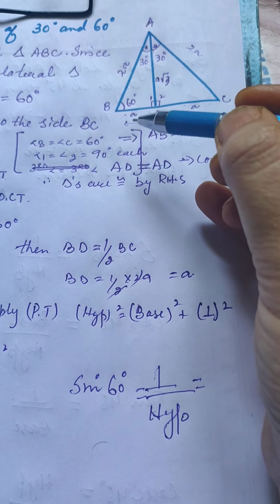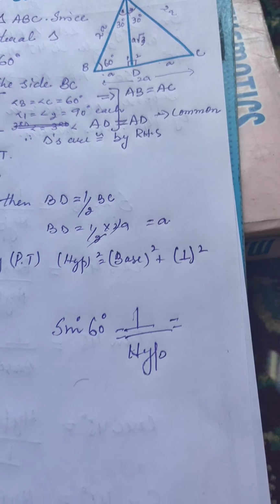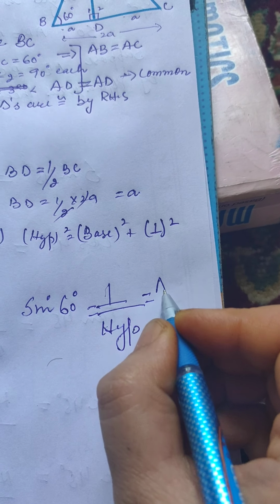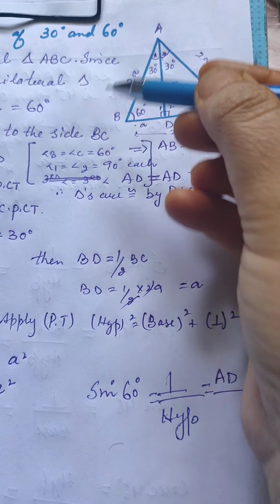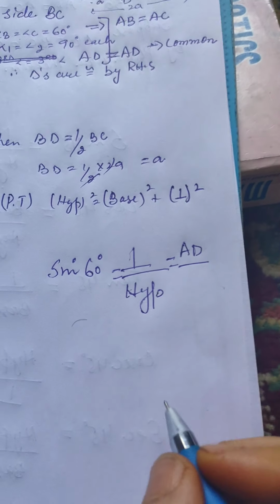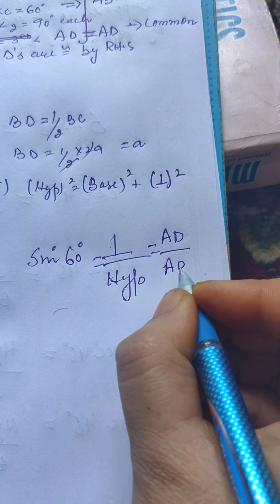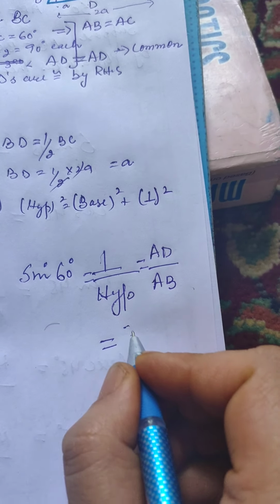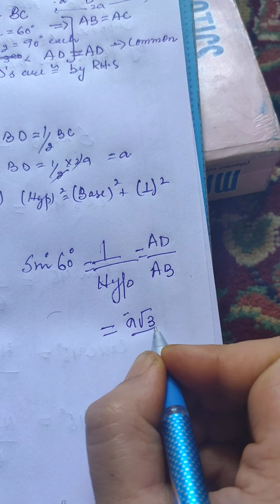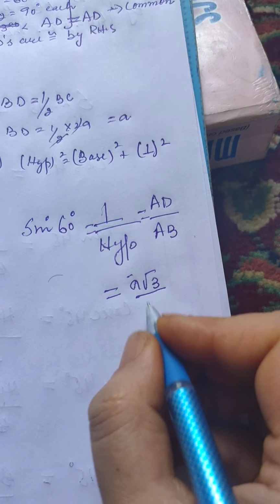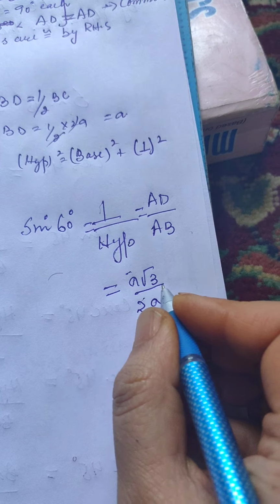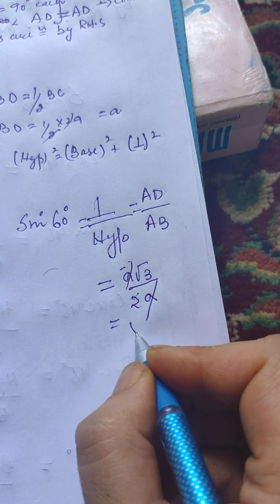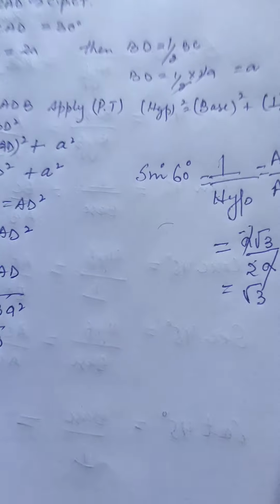The perpendicular here is AD and the hypotenuse is AB. Substituting the values, AD is A root 3 and AB is 2A. A and A cancel, so sine 60 is root 3 by 2.